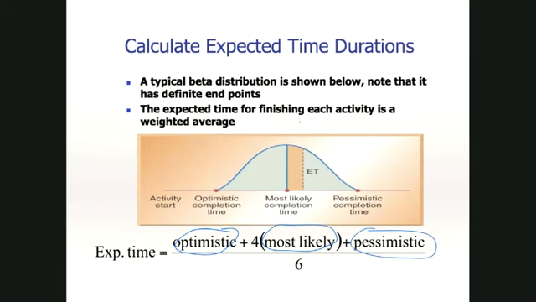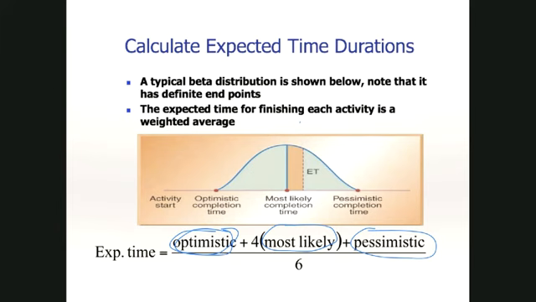So suppose you say, how long does it take for a hospital to receive and check in a patient? And you say, optimistically, if everything is there, we have the patient's electronic medical records and everything, the least time it would take would possibly be 3 minutes.